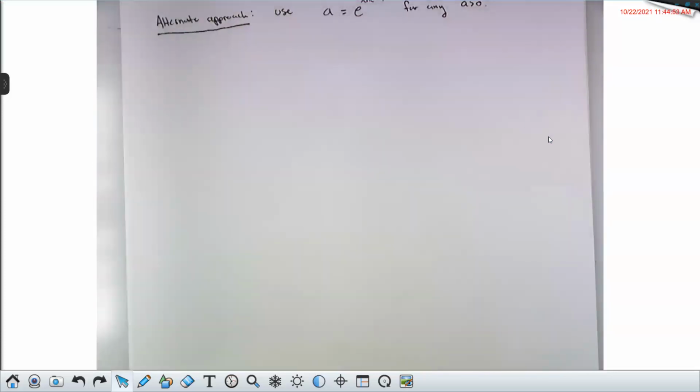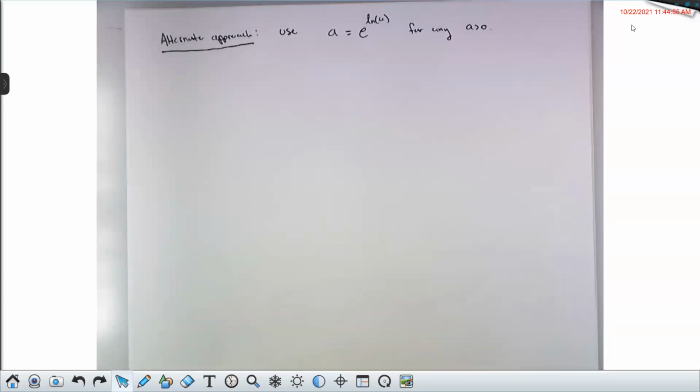This is a true statement, right? E raised to the natural log of a. The e and the ln eat each other up. That is the same as a. Usually we look at stuff like this and simplify it to this. But you can also say, okay, I'm going to start with my thing and then just call that e raised to the ln of that thing.